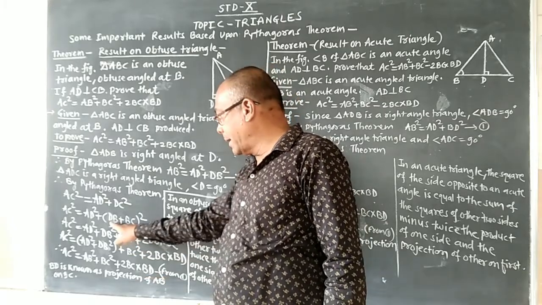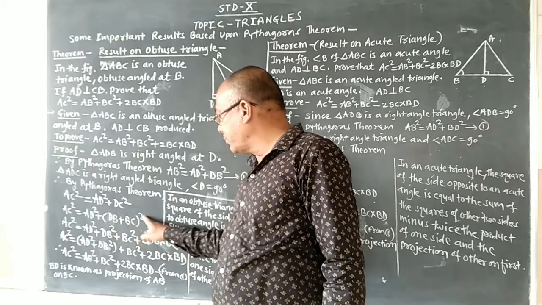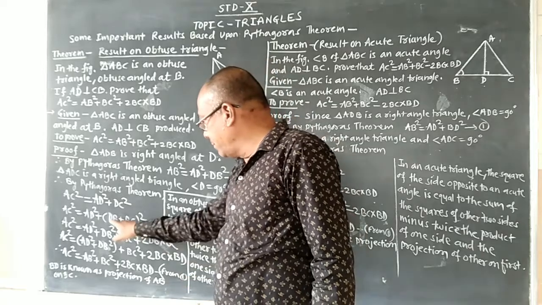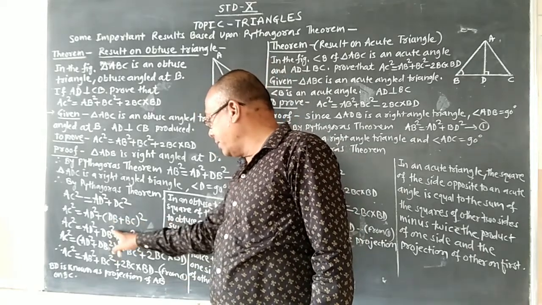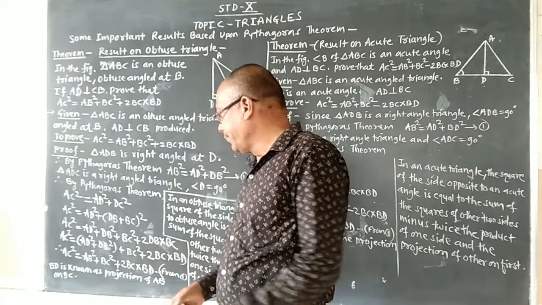Here again we have to apply the identity, that is A plus B bracket square, so A square plus 2AB plus B square, where DB is A, BC is B. A plus B square means DB square plus BC square plus 2DB into BC.